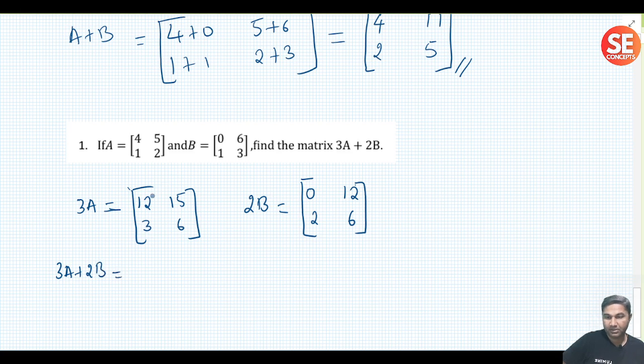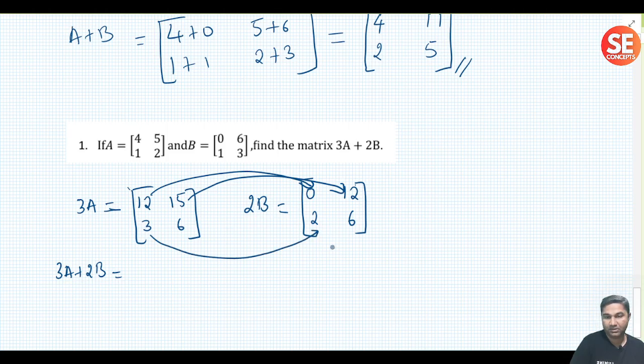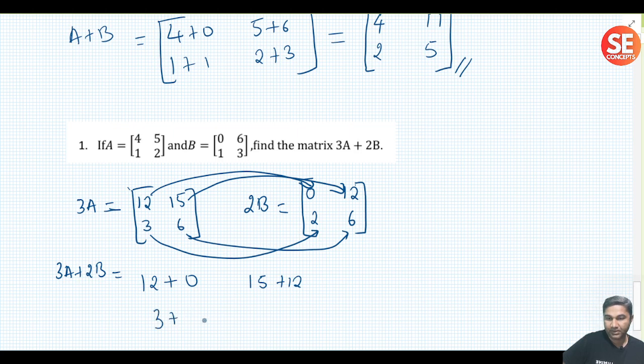Again following the old method: first to first addition, second to second addition, third to third addition, fourth to fourth. So what will be the result? It will be 12 plus 0, 15 plus 12, 3 plus 2, 6 plus 6.